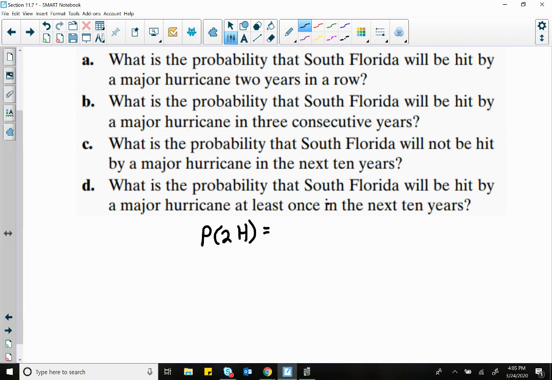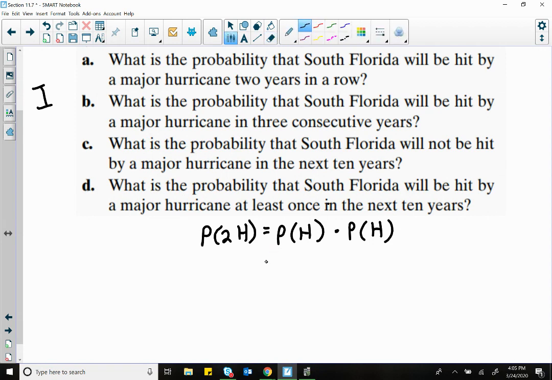Okay, so this is an independent type of situation. Because just because we get hit by a hurricane 1 year doesn't mean that next year we won't get hit again. So since these are independent, all we have to do is find the probability of a hurricane hitting 1 year and multiply that by the probability of a hurricane hitting the next year.